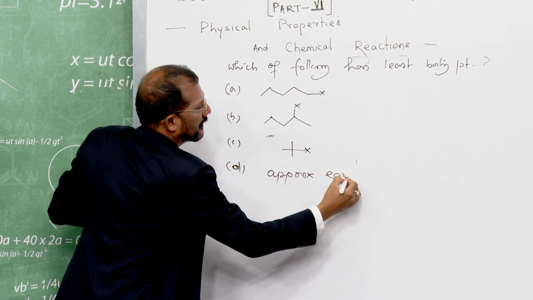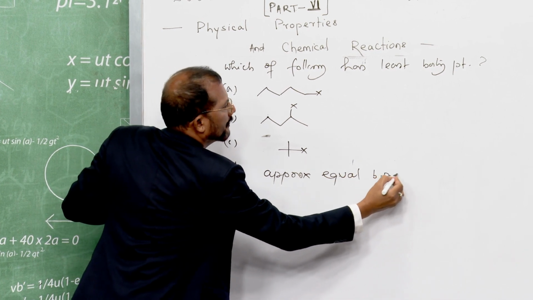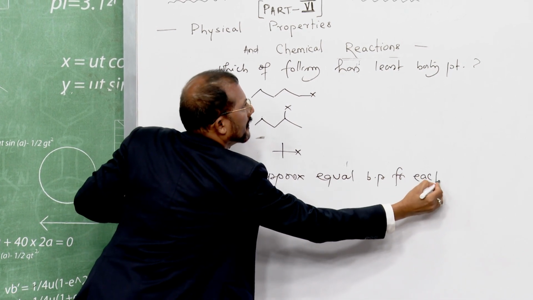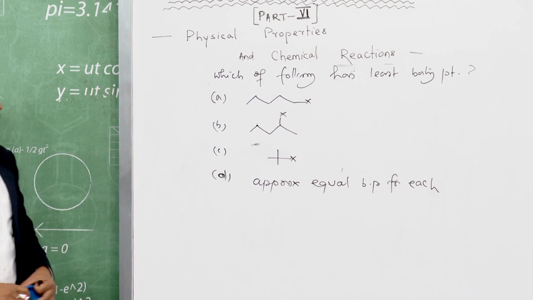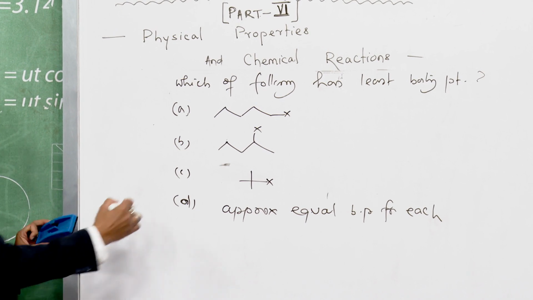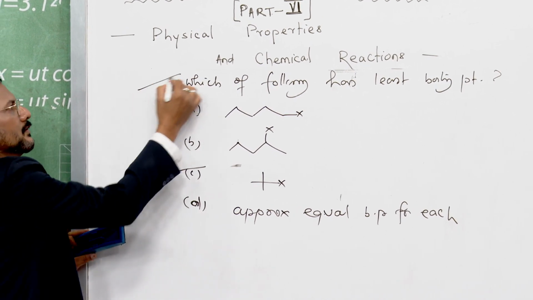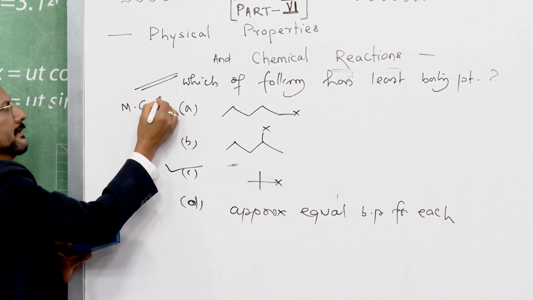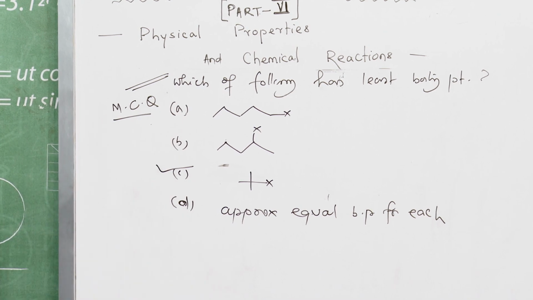Approximately equal boiling point for each. In which of the following cases is the boiling point minimum? The answer is this. These are the short questions or MCQs we get in class 12 examinations.